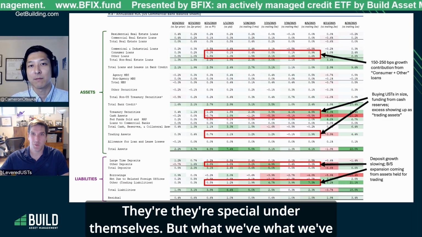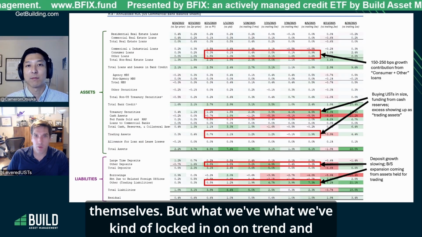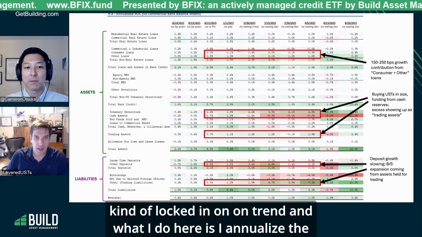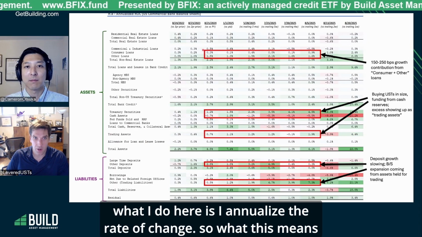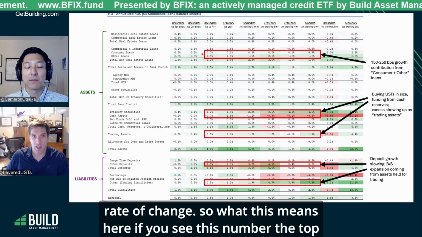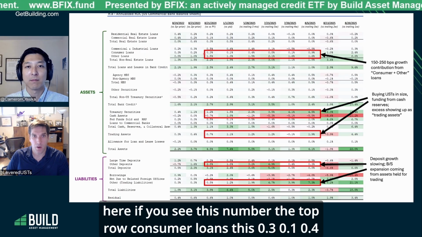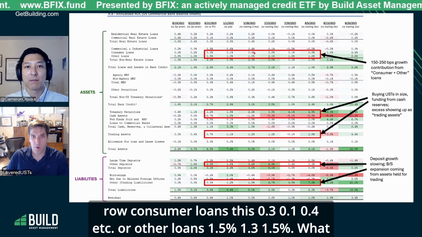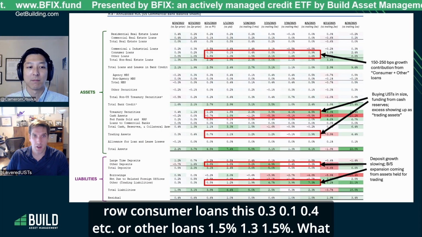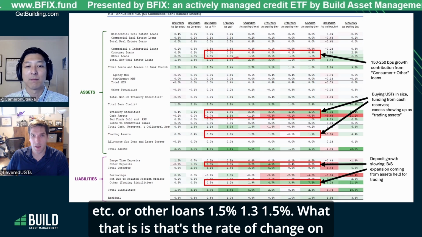They're special unto themselves. But what we've locked in on trend, and what I do here, is I annualize the rate of change. So if you see this number, the top row, consumer loans is 0.3, 0.1, 0.4, et cetera, or other loans 1.5%, 1.3, 1.5%.